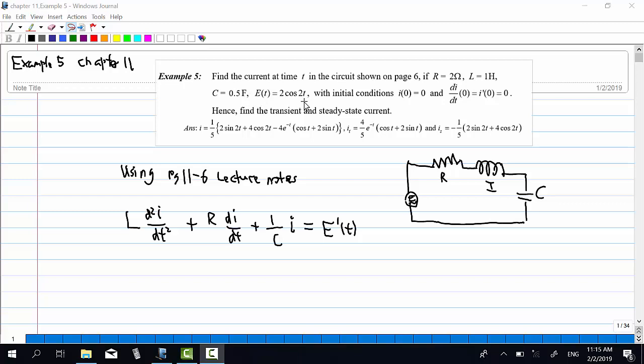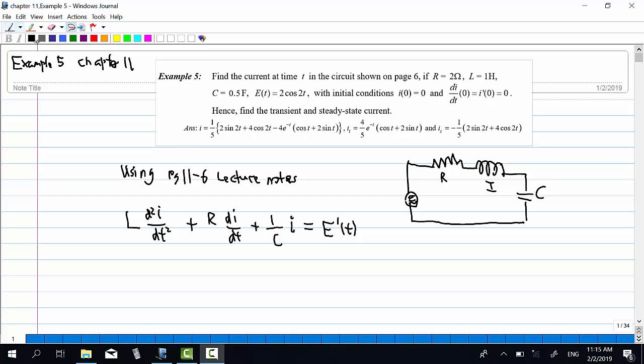With the initial condition, current initially is 0, and the rate of change of current is also 0. Hence, find the transient and steady state current. So let's draw the circuit first.